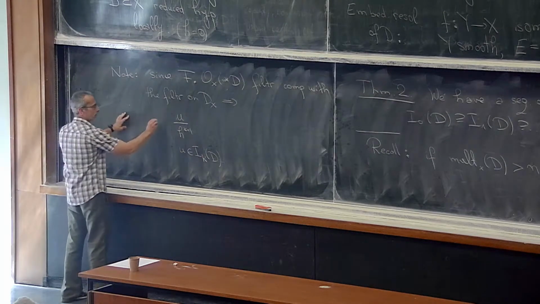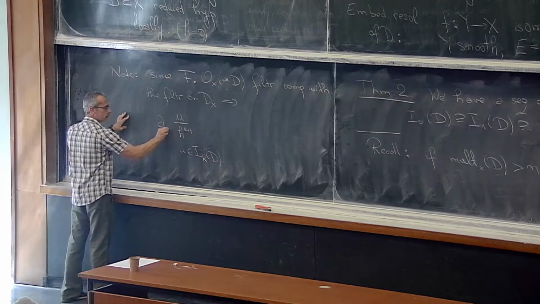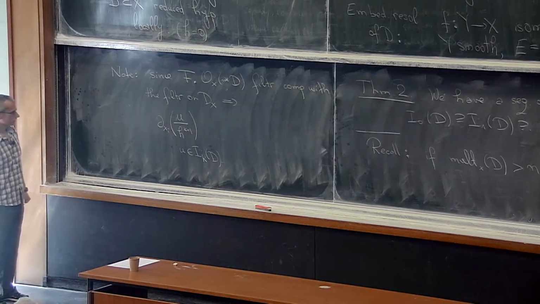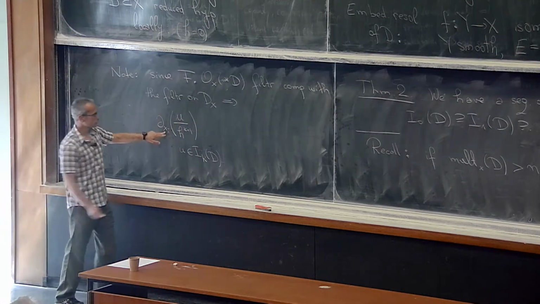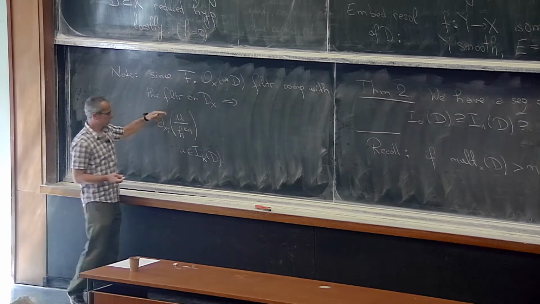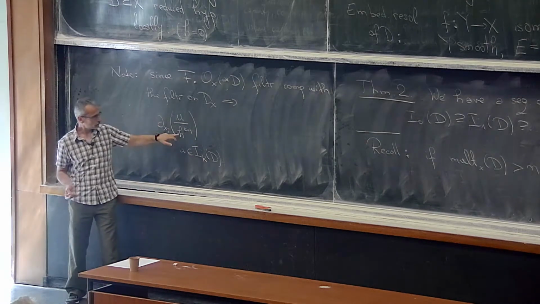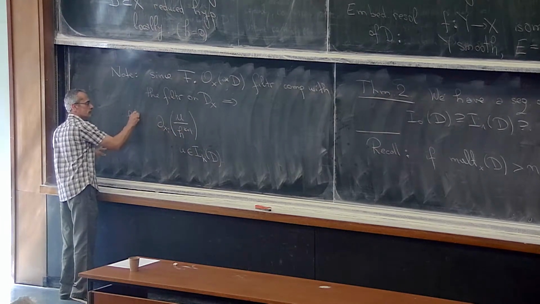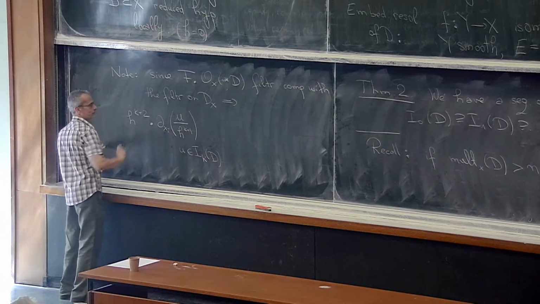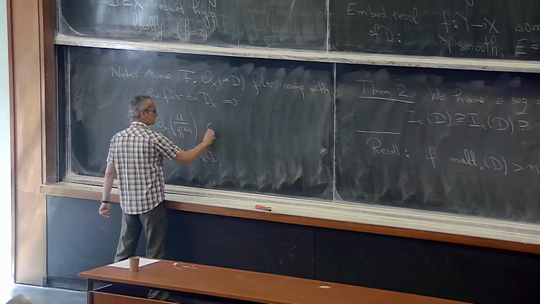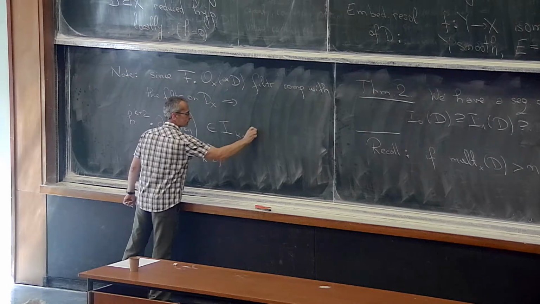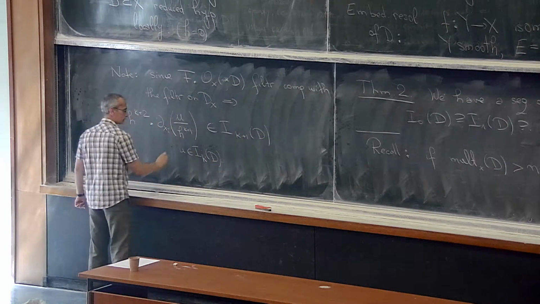Now if I apply a differential operator, let's say just the partial derivative with respect to some x_i, this will lie in I_{k+1} over h to the k plus 2. So if I multiply this by h to the k plus 2, this lies inside I_{k+1}(D) for every such x_i.